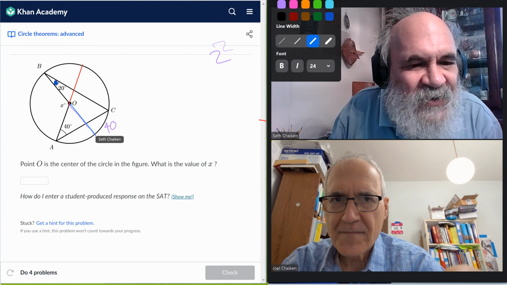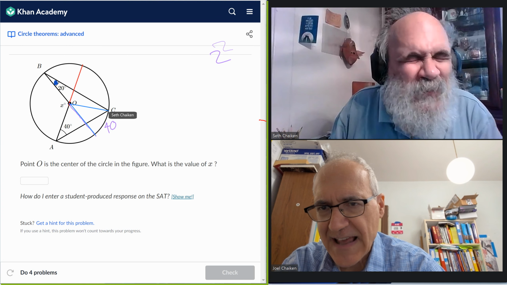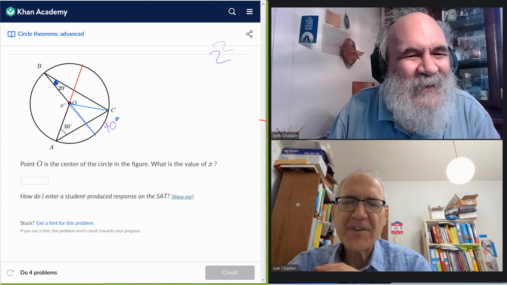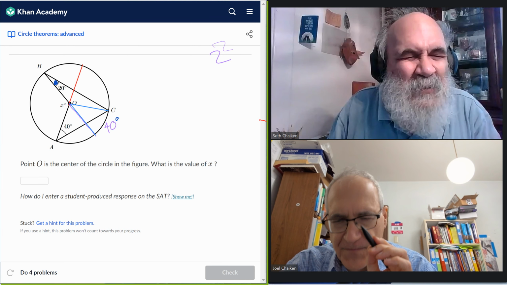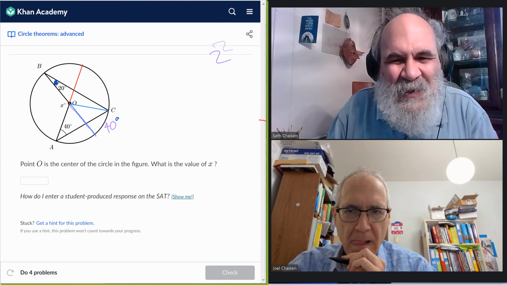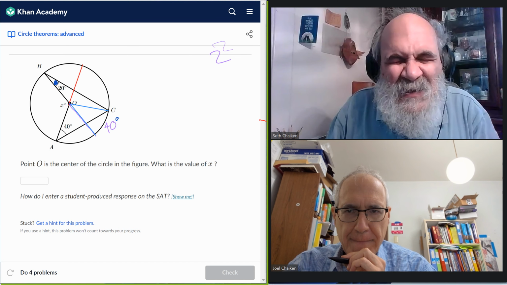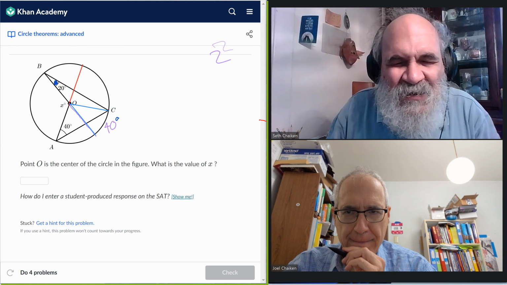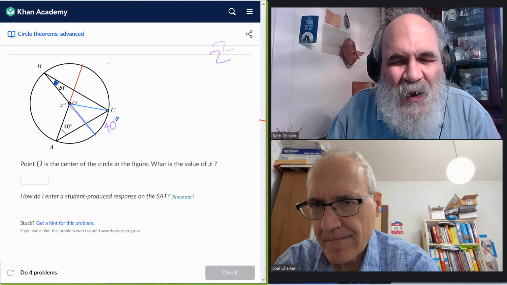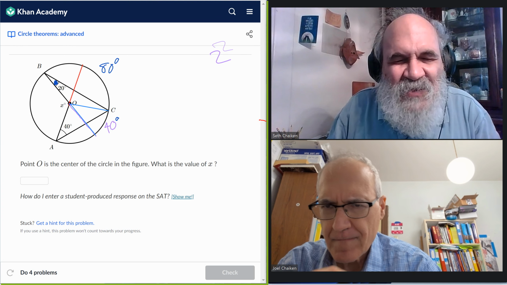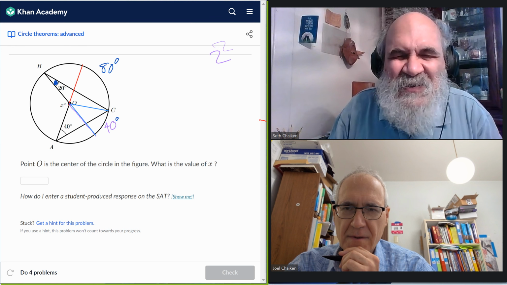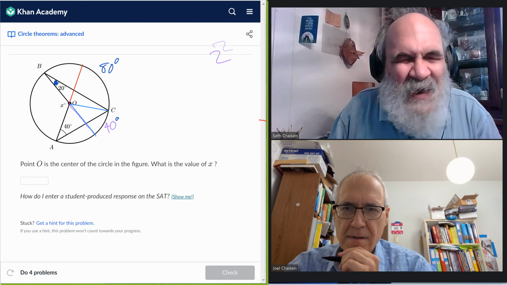40 degrees is the angular measure of the intercepted arc. It's the angle between the radii, in other words, lines from the center to the ends of the arc.